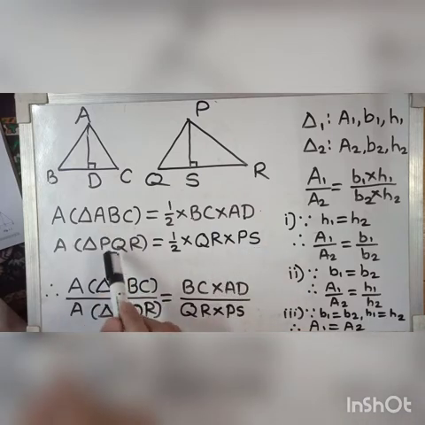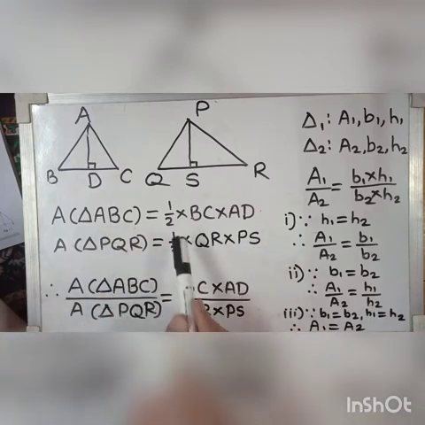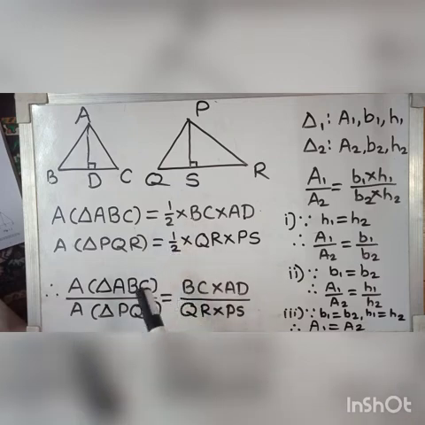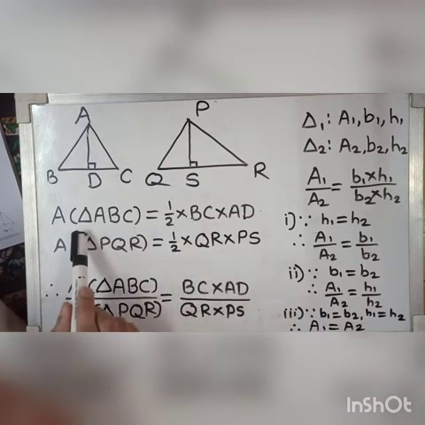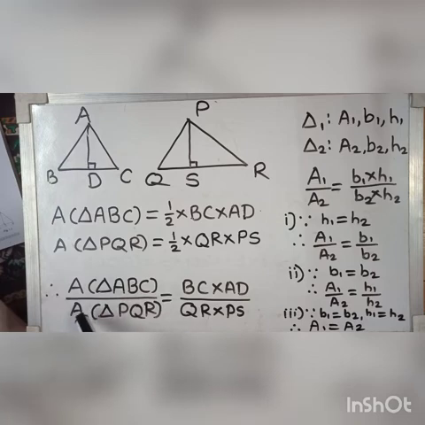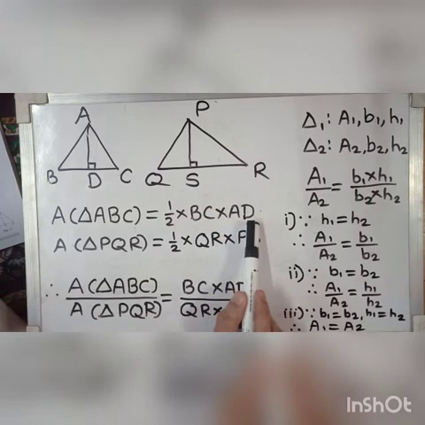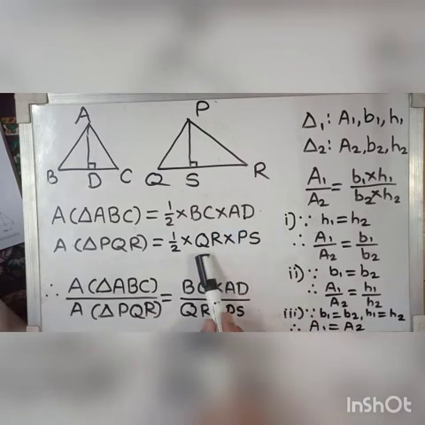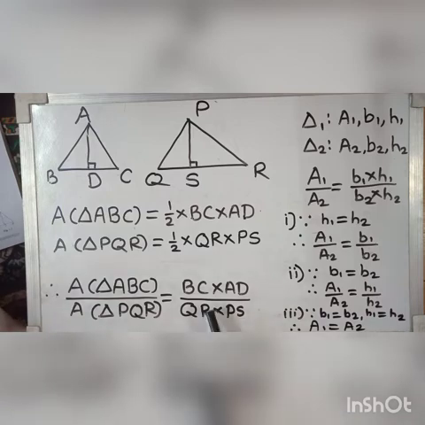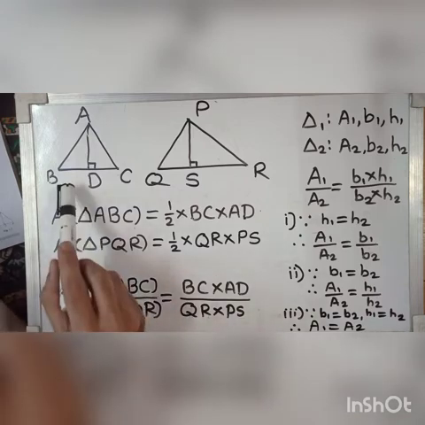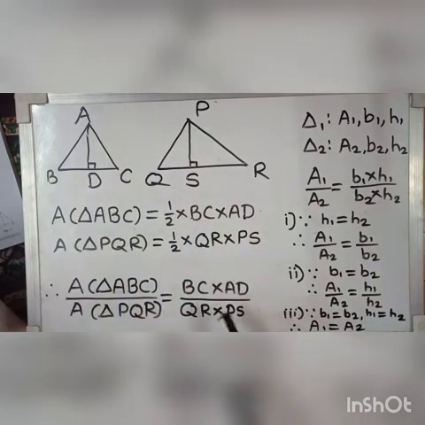Divide first equation by second, half gets cancelled. We get area of triangle ABC upon area of triangle PQR is equal to BC into AD upon QR into PS. BC and QR are corresponding bases.